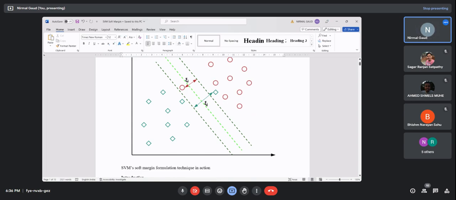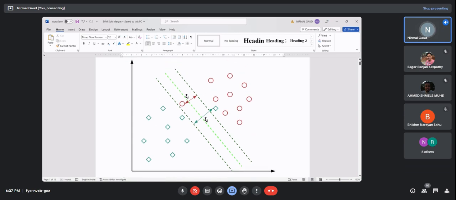So this is the diagram which we were discussing previously, that you can allow the misclassification of the data points, and according to the misclassification you can allocate some penalty.